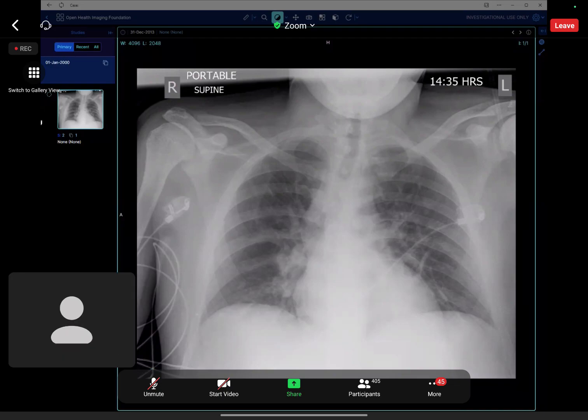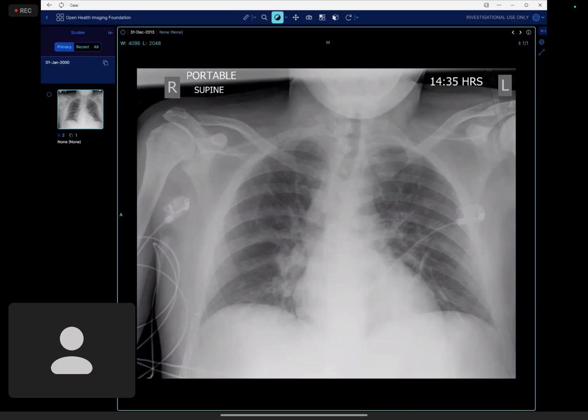Okay, so I'm presented with a chest radiograph. I can see that there are multiple leads, I believe ECG leads. There are no other lines that I can appreciate.